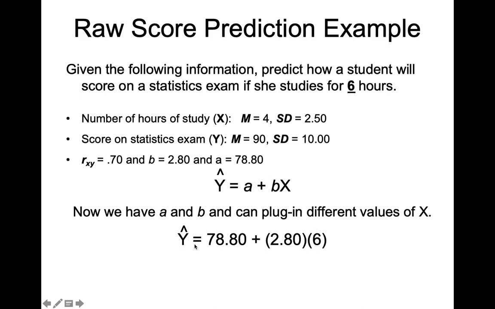If she studies 0 hours, the starting place is 78.8. To what extent will that score be improved for each additional hour of study? For every 1 hour, the score improves by 2.8 points. She studies 6 hours, so it improves by 2.8 times 6. That results in a predicted score of 95.6 for a student that studies 6 hours.